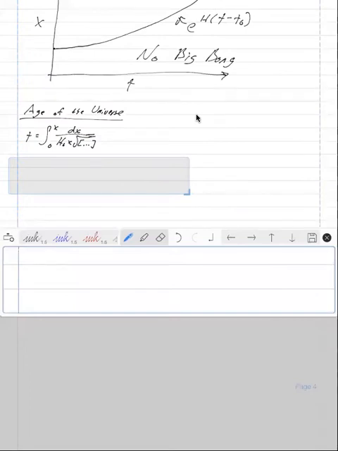All right, so that's fun with time and understanding the connection between time and the age of the universe.